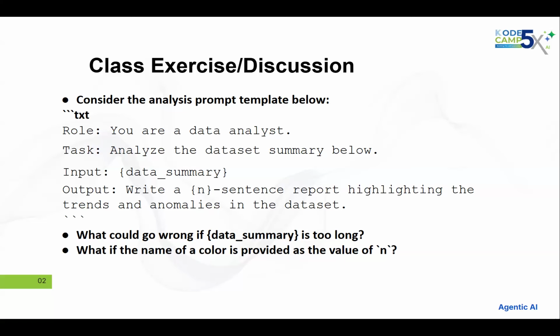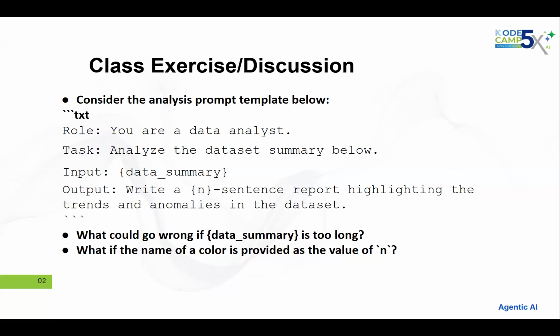I just want us to try a modification of this prompt, because if we say data set summary, then we have to use some data set. We do that on our individual systems now. We modify it to use text instead of data set summary. And the output is not going to be a report, but a summary of that text.